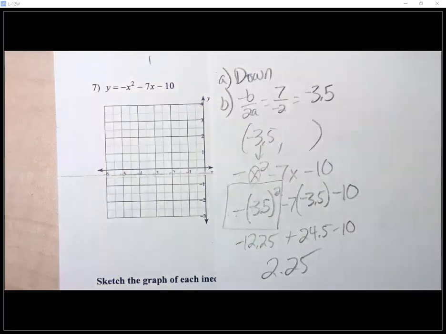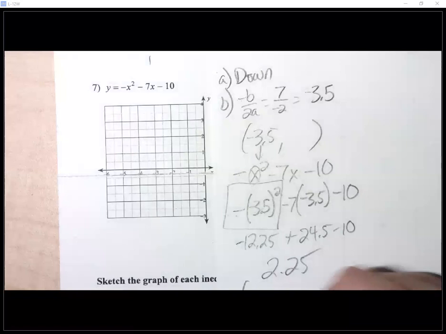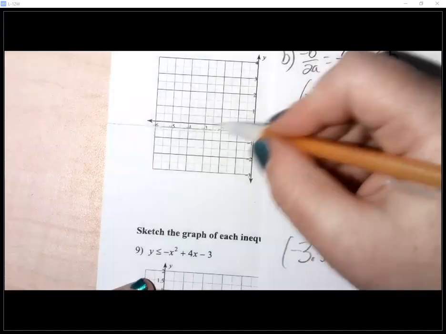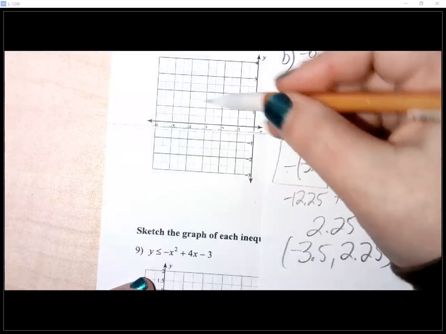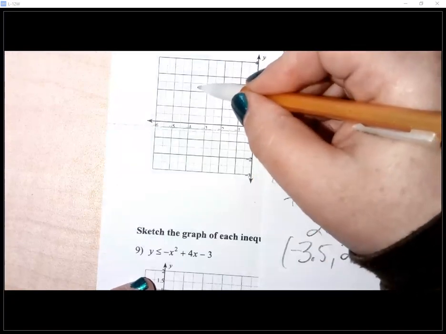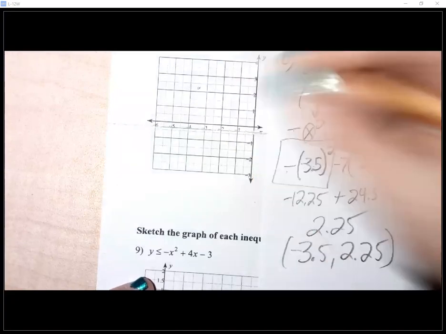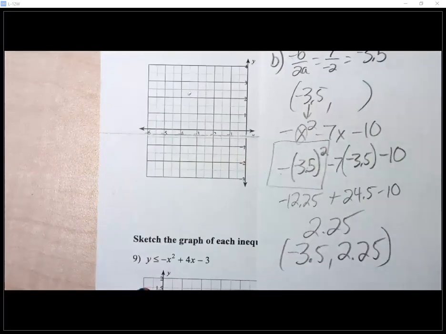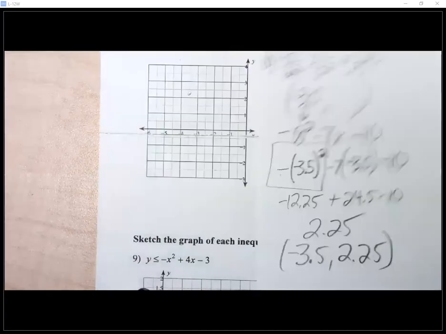All right, so this thing is going to be at negative 3.5 comma 2.25, which I know feels weird, but that's okay. Let's see, negative 3.5 and then 2.25 would be right there. Is everybody with me so far? Is that a yes? All right.